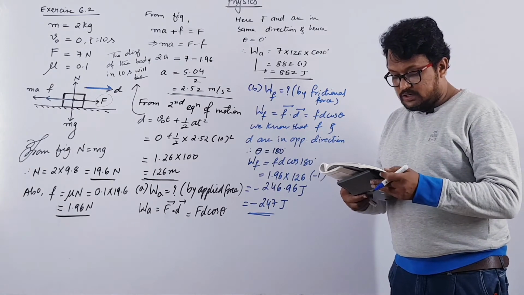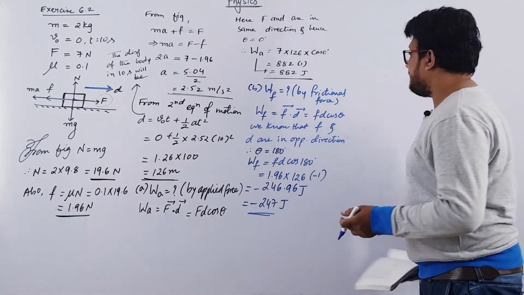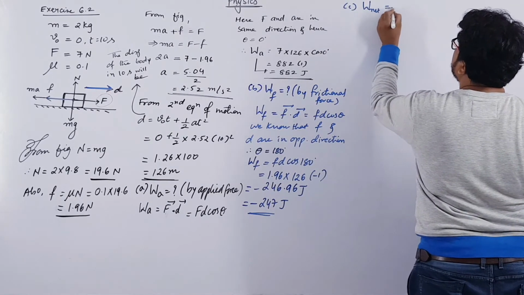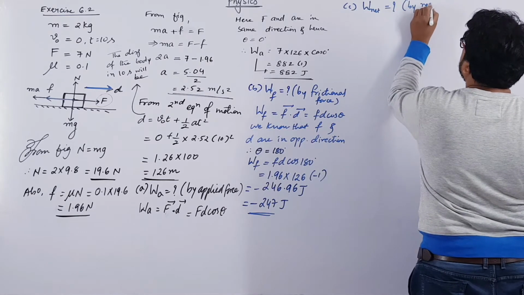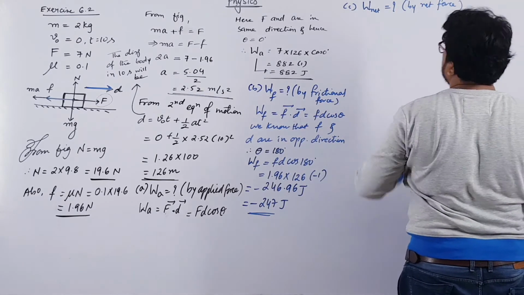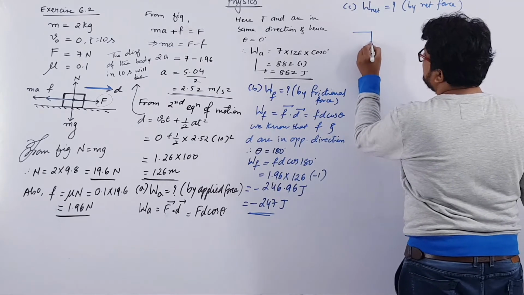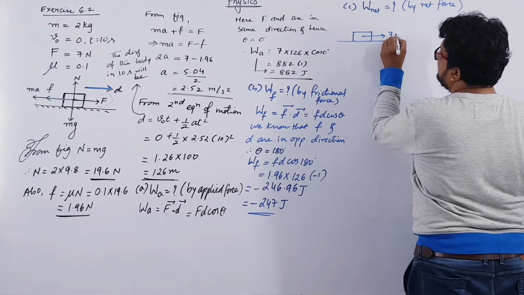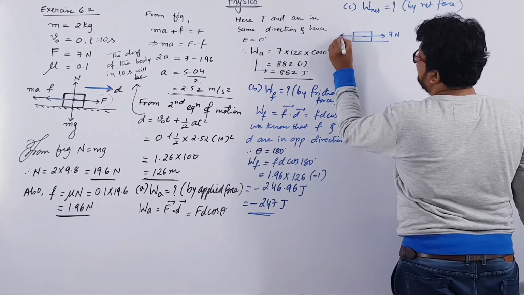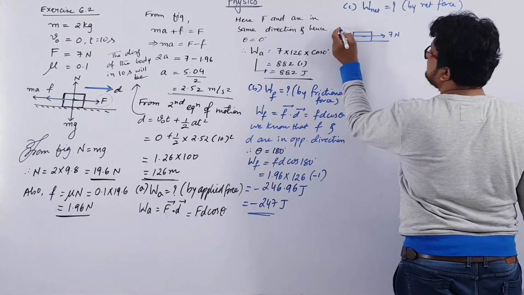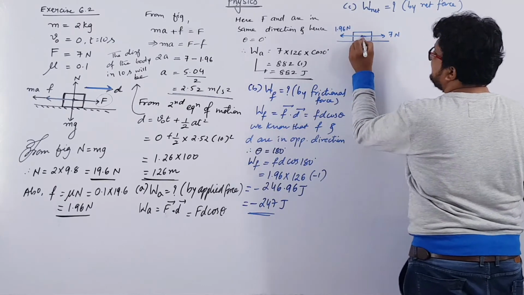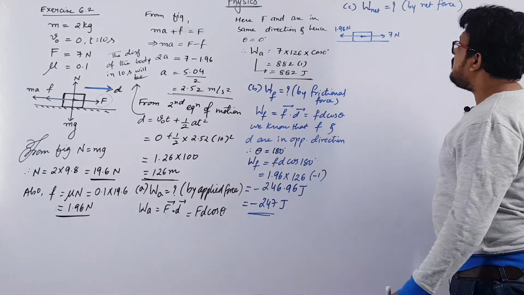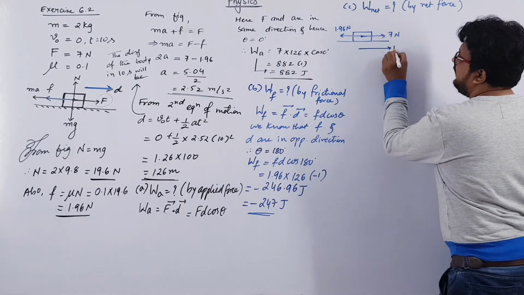Third one, work done by the net force on the body in 10 seconds. Now remember, what is the net force? Look, if this is the body, and on this body you are applying a force of 7 Newton in this direction, and the frictional force of 1.96 Newton is acting in the opposite direction, the body will get displaced in this direction by the net force.